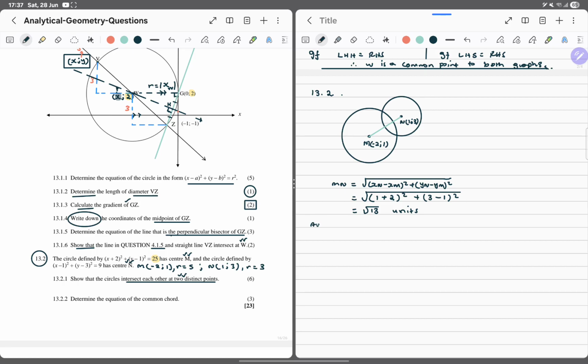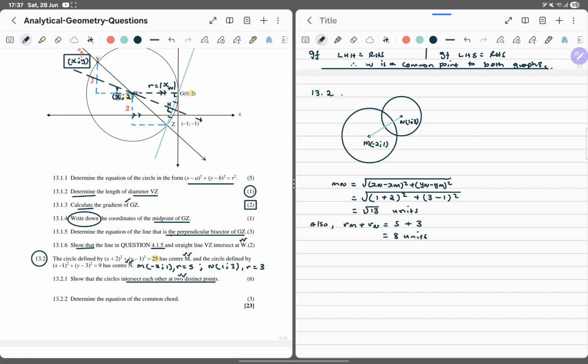We know that the radius of M plus the radius of N is going to be 5 plus 3, which is equal to 8 units.